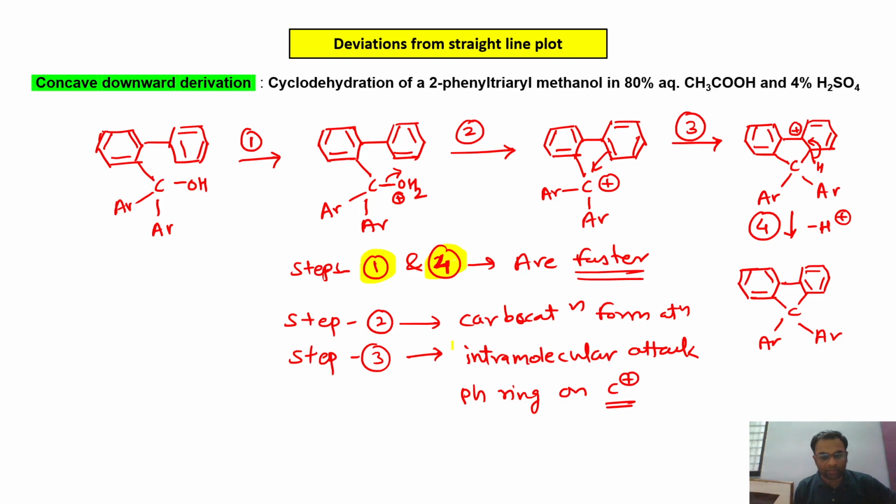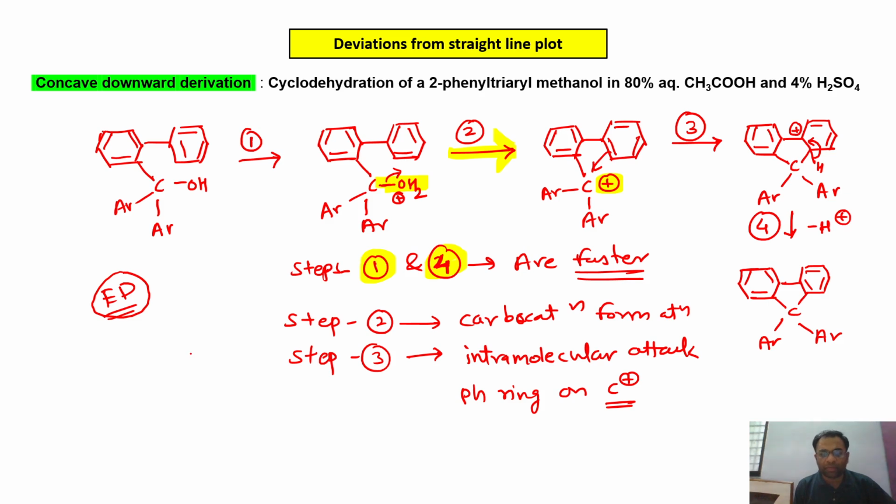We can explain this on the very simple fundamentals of organic reaction mechanism. The second step is the formation of carbocation. This formation of carbocation will be very fast when a strong electron donating group is present.